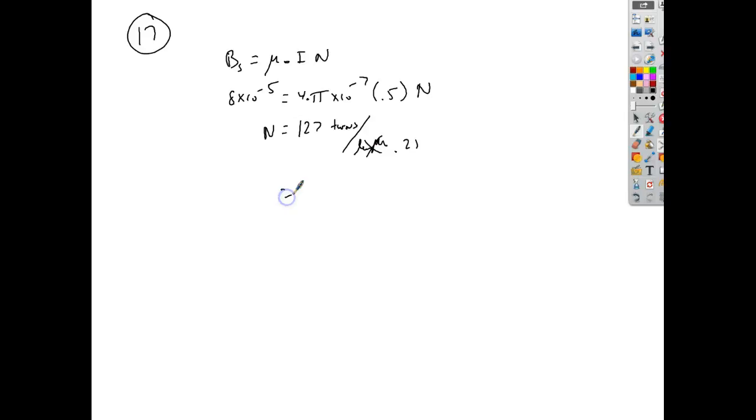So how many turns do I have? 127 is equal to turns per unit length, so 127 times 0.25 gives me 31.8-ish. I'm probably rounding the heck out of the way from the answer. That's how many turns I would have. Make sense? Yeah. Can do?